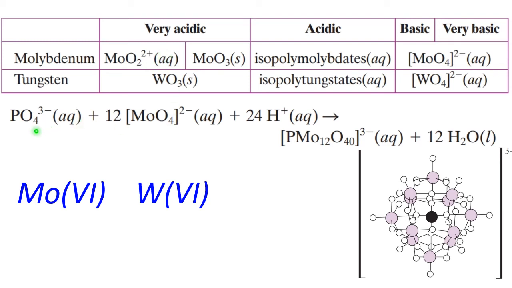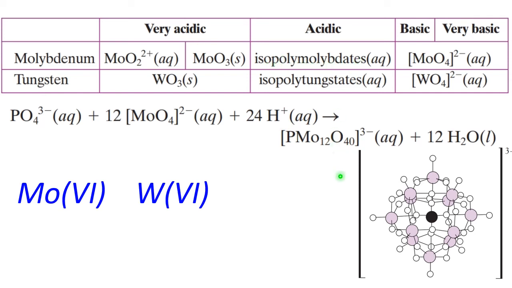Very interesting feature for both of them is making complex polymers with phosphorus, silicon, and other elements of groups 4 and 5. In this case, you see phosphate reacts with 12 molybdate ions in acidic medium, so actually we are talking about isopolymolybdates.